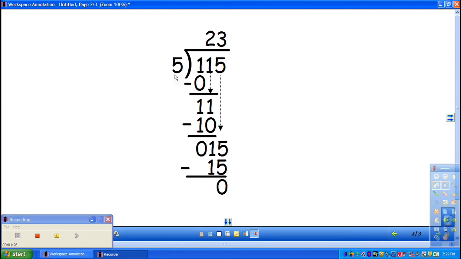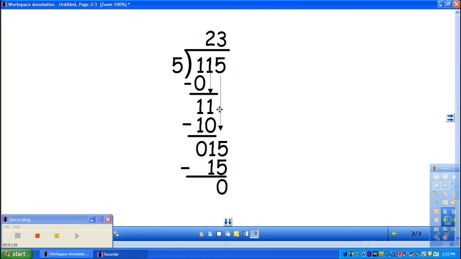they would look at the 5 and they would say, well, will 5 go into 1? And they would say, no, 5 won't go into 1. So we need to look and say, will 5 go into 11? Well, yes, 5 will go into 11 2 times, so you would multiply 5 times 2 and you would get 10, and then you would subtract, and it would leave you with 1.